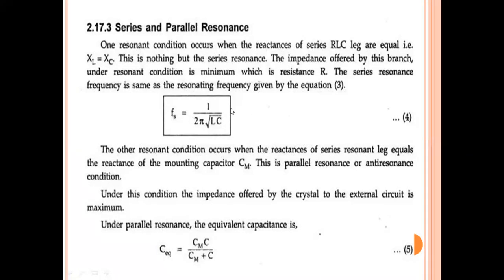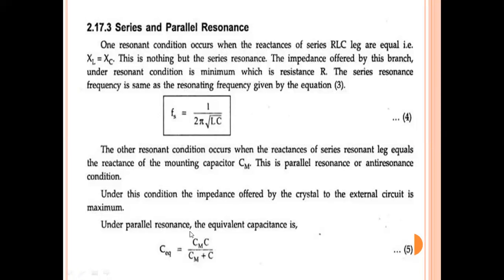Okay, so this is Fs. Fs is the series resonant frequency, and it occurs when the reactances XL and XC are equal. And the second frequency is the parallel resonant frequency, which occurs when the RLC leg reactance is equal to the reactance of the mounting capacitor CM.